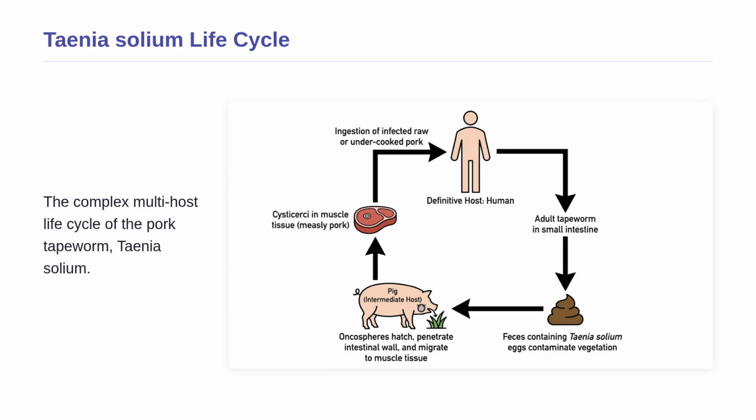At the bottom, the pig, acting as the intermediate host, ingests these eggs. Inside the pig, oncospheres hatch and migrate to the muscle tissue, forming cysticerci. Finally, the cycle completes when a human ingests this infected, undercooked pork. This diagram perfectly illustrates the complex, multi-host journey these parasites undertake.